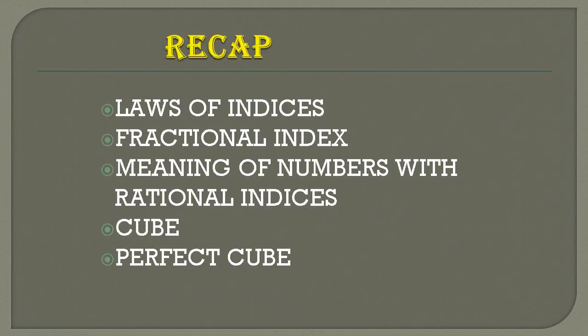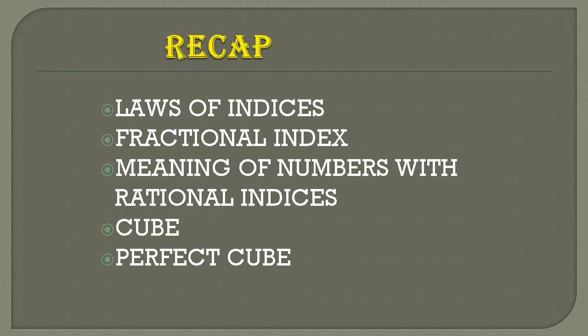Children, let's have a quick recap of what we have studied today. We have studied about indices and laws of indices. Then we have studied the fractional index. An index can be a fraction also. Then we have studied about the meaning of numbers having index in the rational form m by n. After that, we have studied cube of a number.